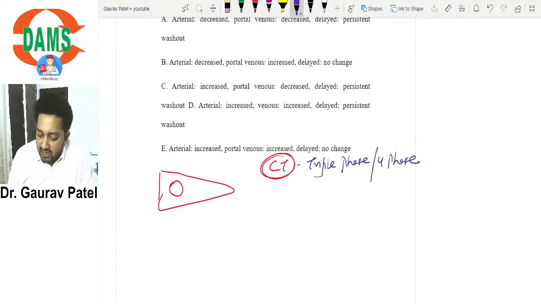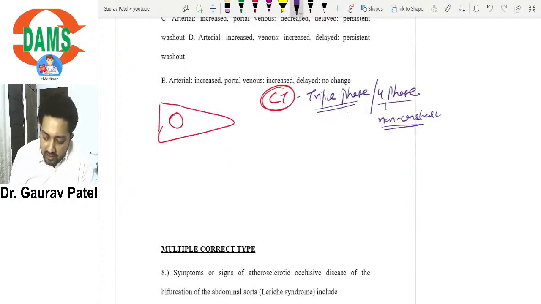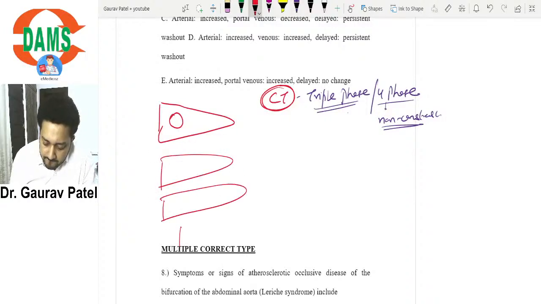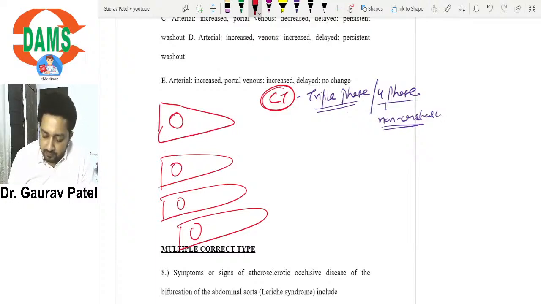The triple phase or 4 phase is nothing but this, they add non-contrast also. So suppose, okay, let me tell you what will happen. Suppose it is non-contrast.